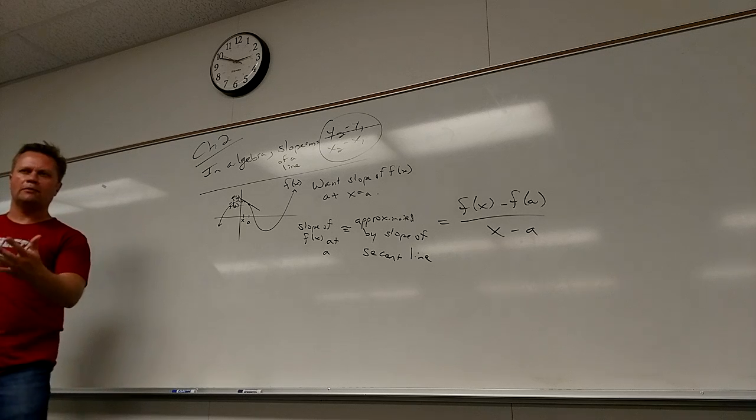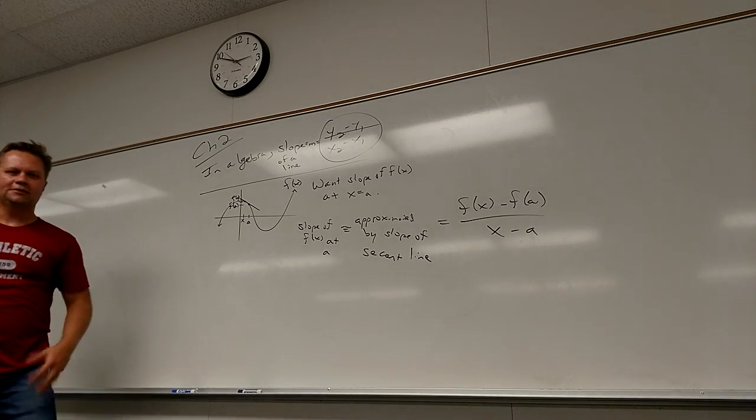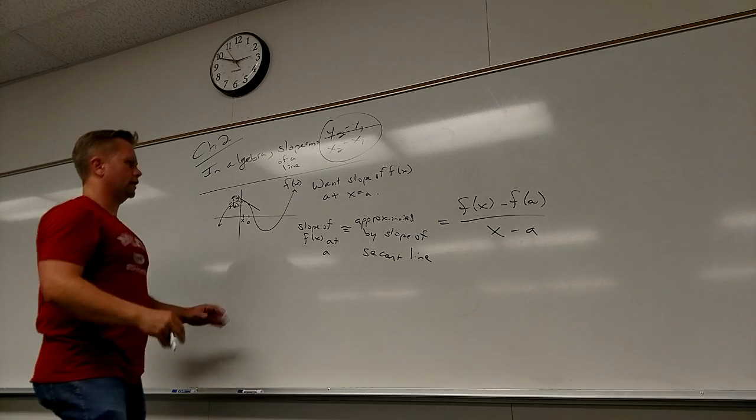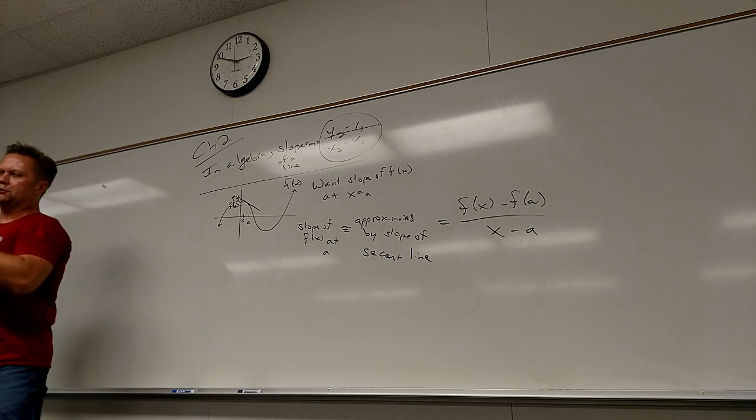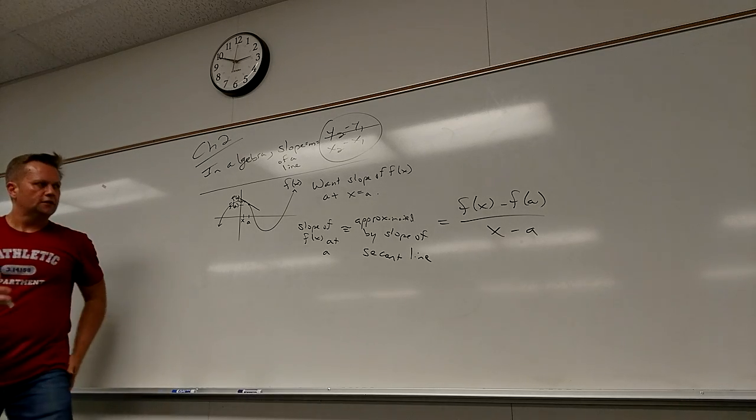So let's try an actual problem out. All right, so let's make a nice, easy function to work with, so the answer we can make sense of what it means. That'll be kind of nice.